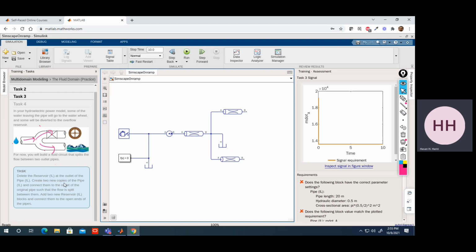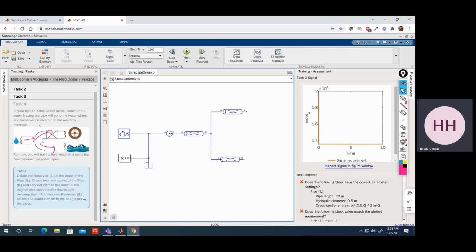Delete the reservoir IL at the outlet of the pipe. That's what they said, to delete it. Create two new copies of the pipe, then connect them to the outlet of the original pipe, such that the flow splits between the two.